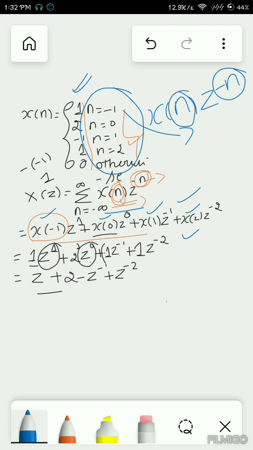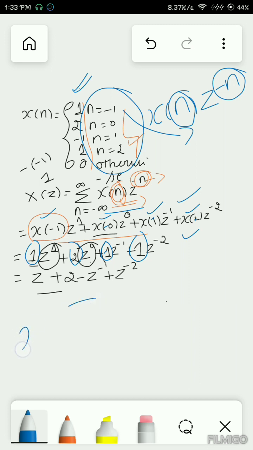So for n equal to minus 1, the resultant is 1, written here. For n equal to 0, the resultant is 2. For n equal to 1, the resultant is 1. And for n equal to 2, the resultant is 1. So this is minus 1 and this is 1. So I wrote this over here, and when I multiplied this out, I got the resultant as this.